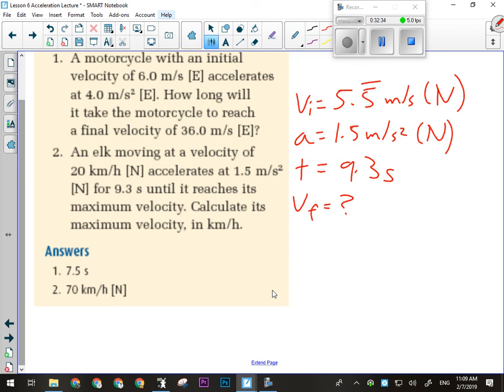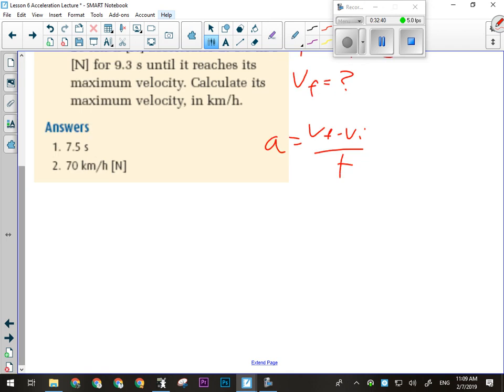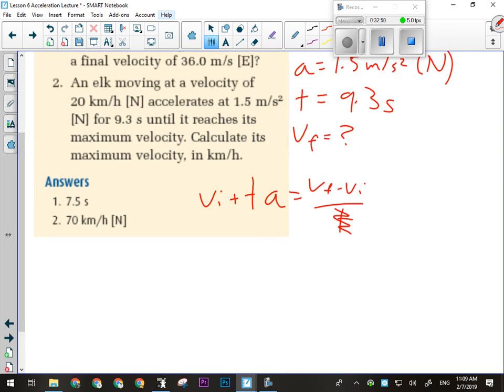Okay, so I will use A equals VF minus VI over T, but I will be manipulating it for VF. So I'm going to multiply both sides by T, and then I'm going to add VI to both sides. If I go back to my givens now, that's going to mean 5.5 repeating plus 9.3 times 1.5.